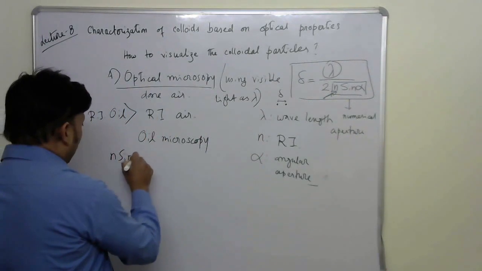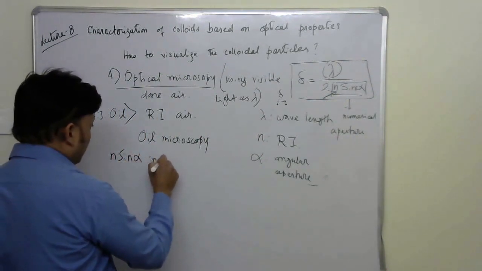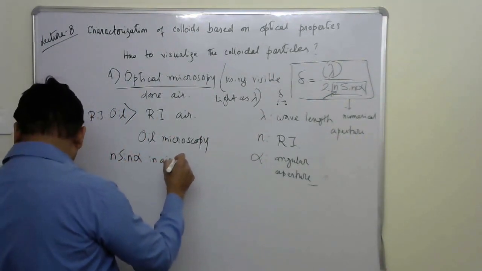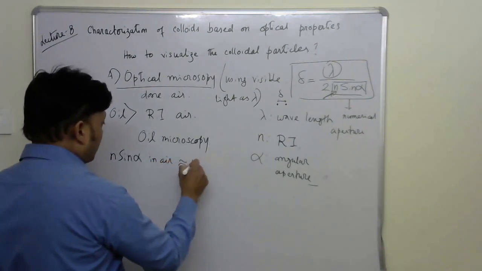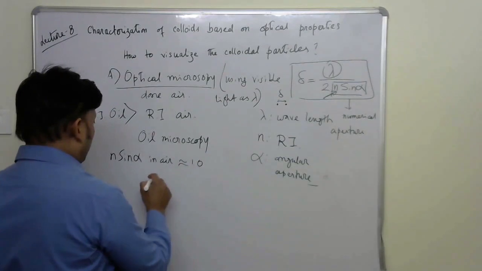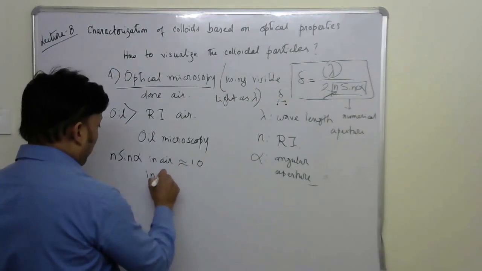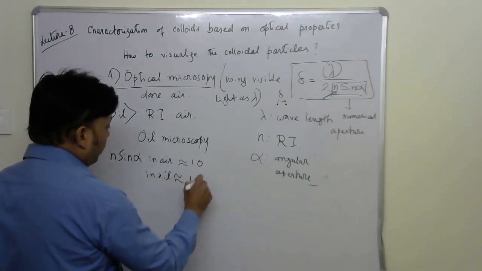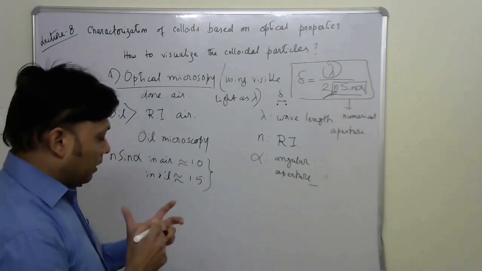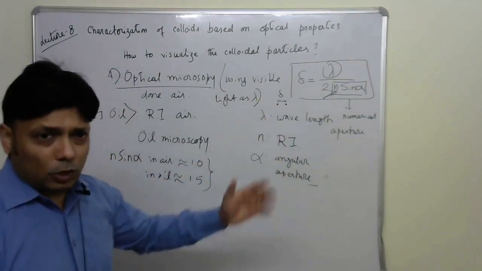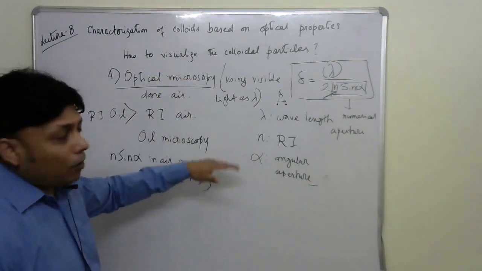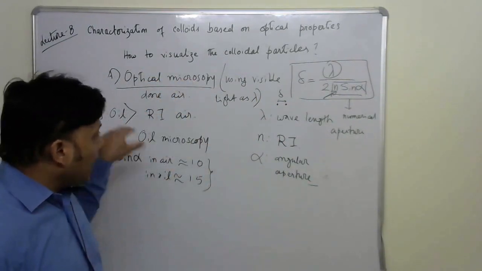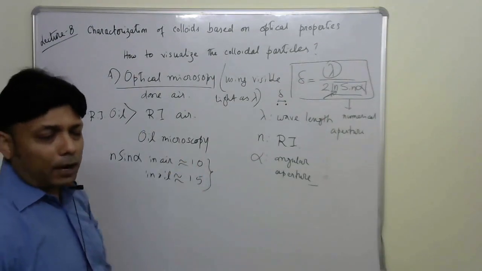So n sine alpha in air is close to a value of something like 1, but the same thing in oil can be 1.5. So therefore, we can easily improve the resolution of optical microscopy when we have an oil immersion microscope.